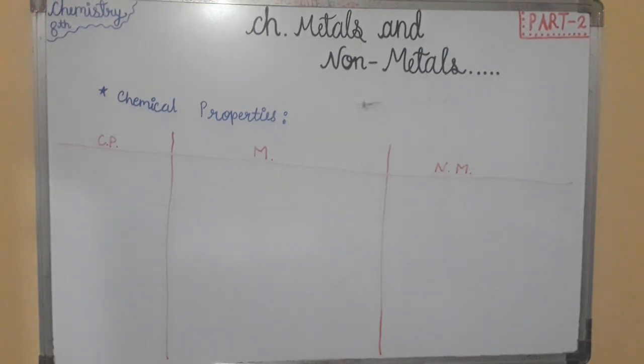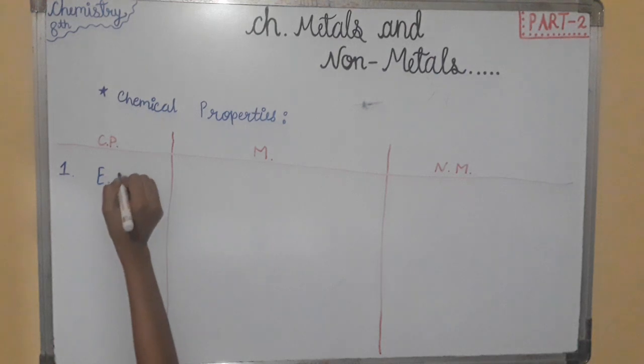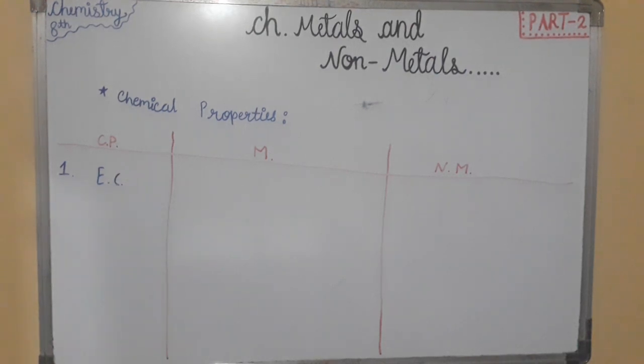Write electronic configuration as EC. In metals, the electronic configuration has 1, 2 or 3 electrons in their valence shell.